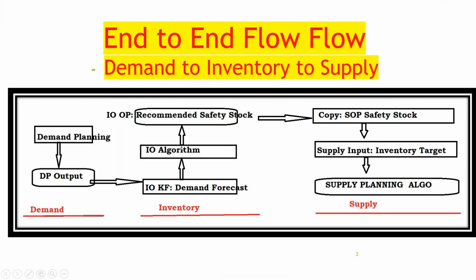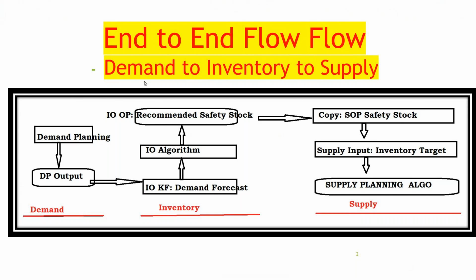It will help the algorithm for the IO to calculate the required output. There are several stocks when we talk about the output of the inventory optimization. You can just understand IO as inventory optimization.